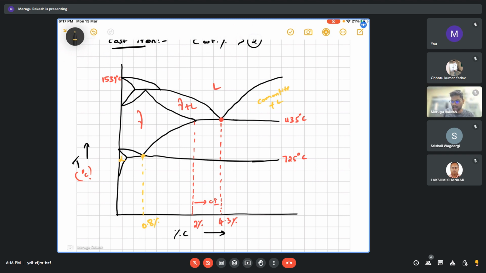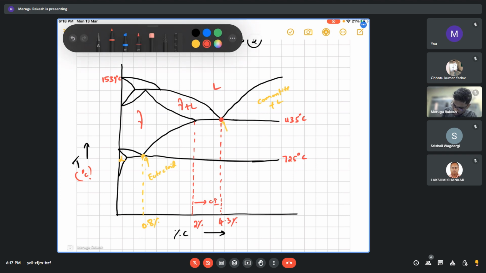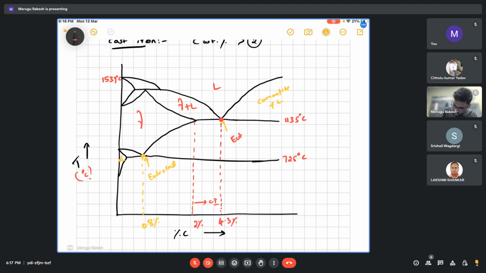So these are the basics of the iron carbide diagram. We are dealing with cast iron, which is anything above 2% carbon. I'll write the points: eutectoid, and eutectic, where the liquid converts into two solids.